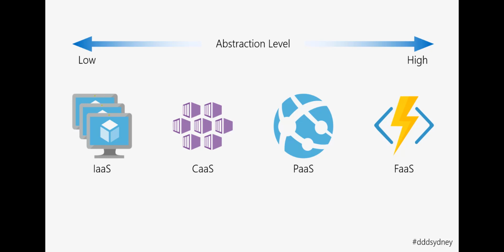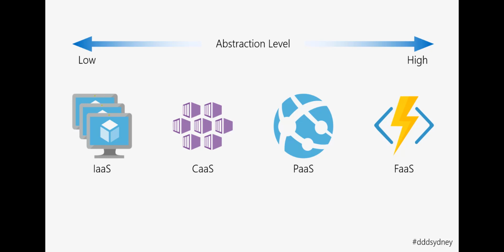So we only care about the containers, but we still need to consider the scaling. Then on the PaaS side, we only care about applications rather than all sorts of the environment. Right? So we don't have to worry about servers. We don't have to worry about scaling, something like that.